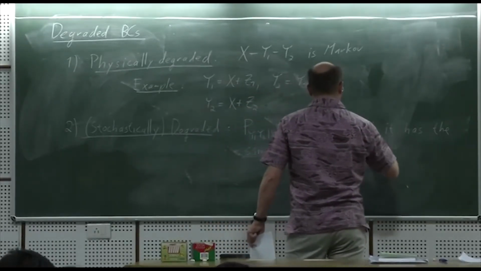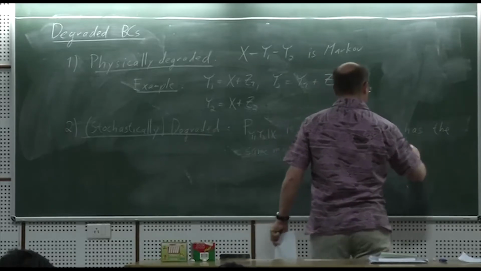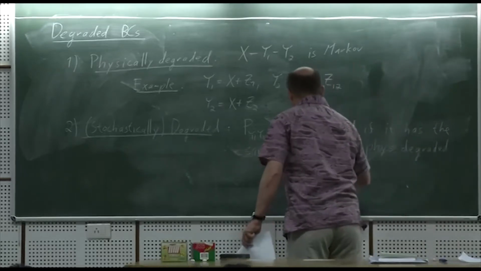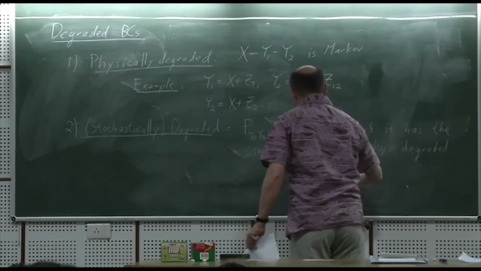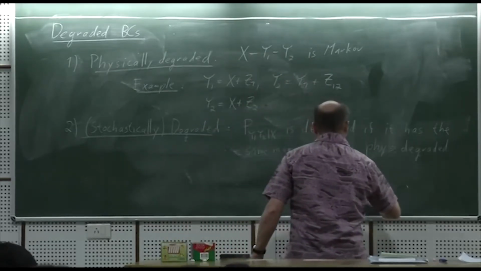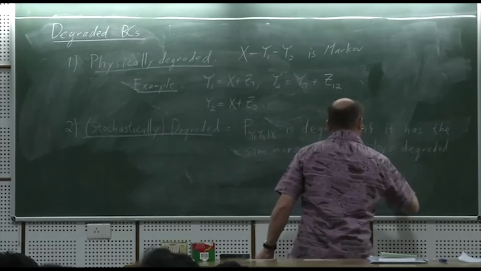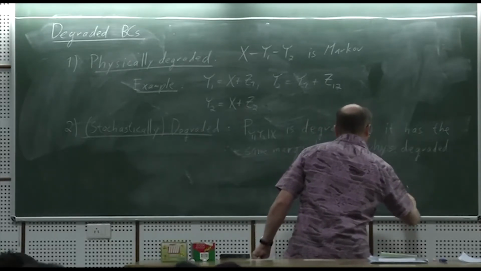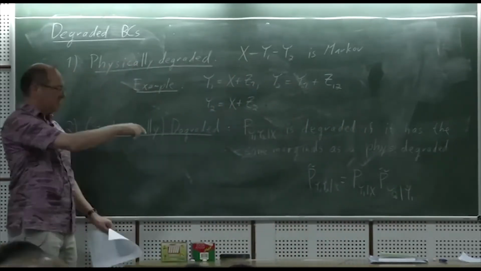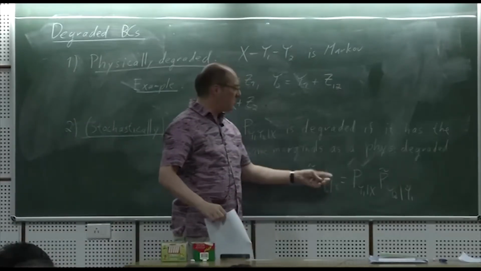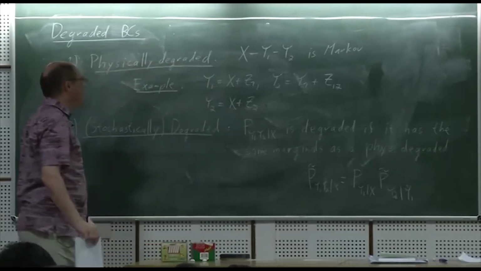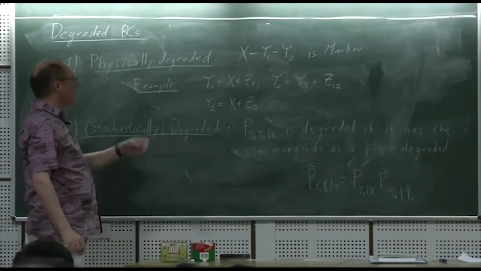And of course, if this is physically degraded, then we can write it as P of Y1 given X, times P of Y2 given Y1, for some P of Y2 given Y1. So if a channel has the same marginals as some physically degraded channel, we call it stochastically degraded.